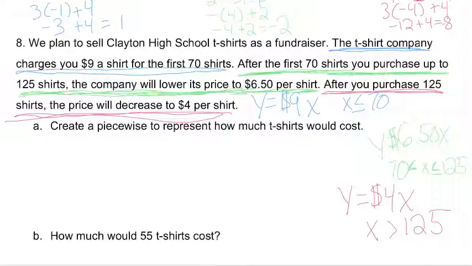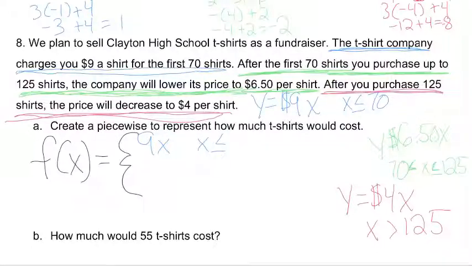So now we have to put all of this together into one piecewise instead of all separate. So f of x equals, we got our little squiggly going on. We have 9x when x is less than or equal to 70.